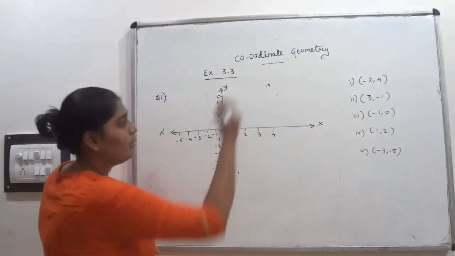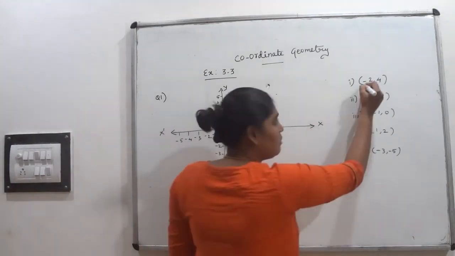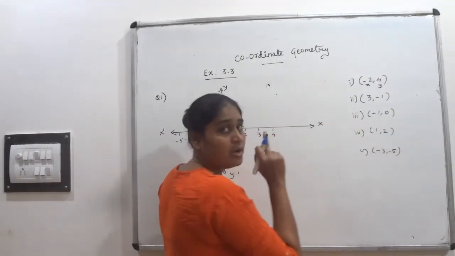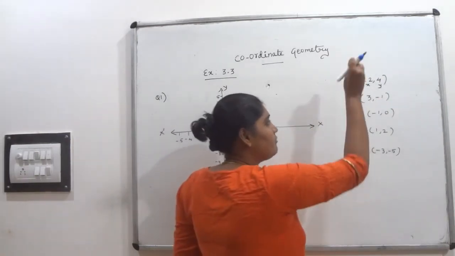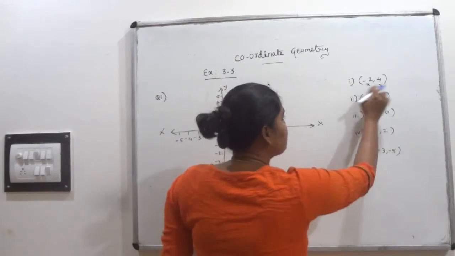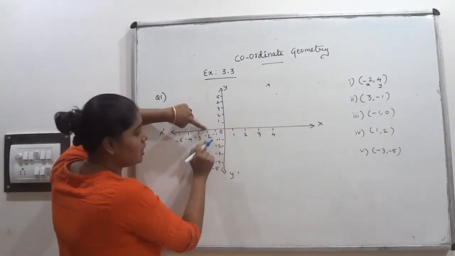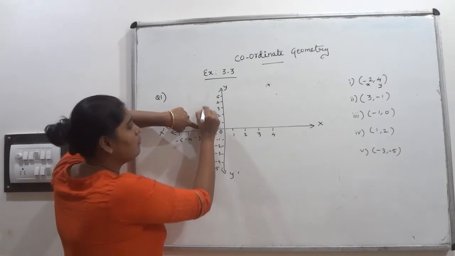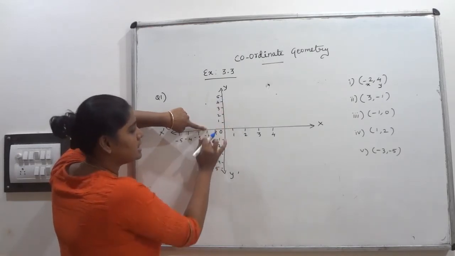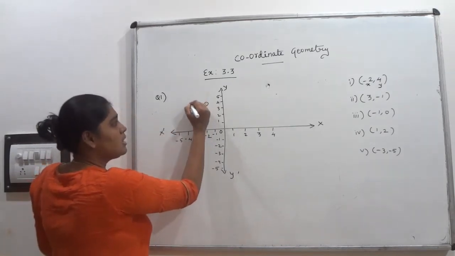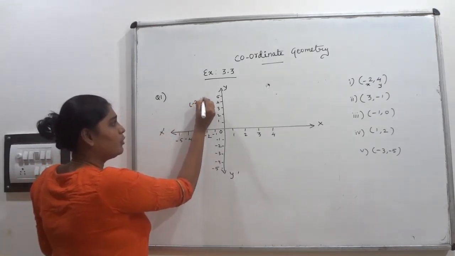Minus 2, 4: that means you have to see minus 2 on the x-axis and 4 on the y-axis. I already told you about coordinate points. The first value is called x and the second value is y. So this is your point (-2, 4).